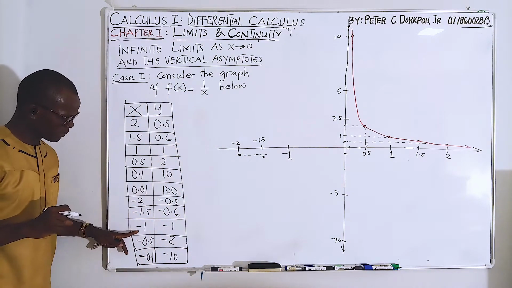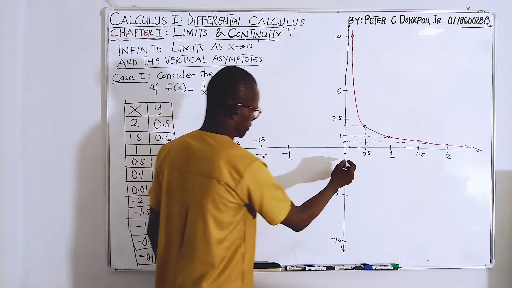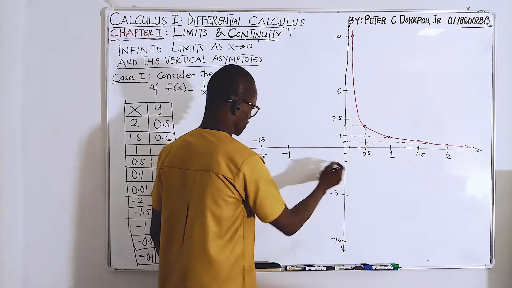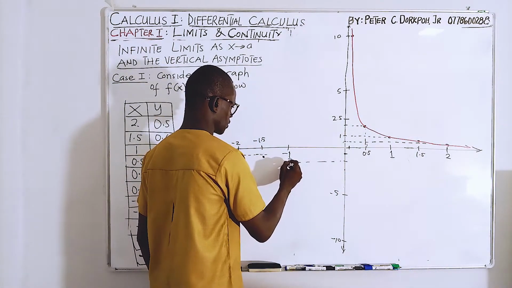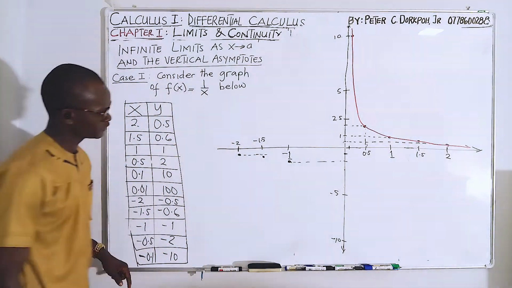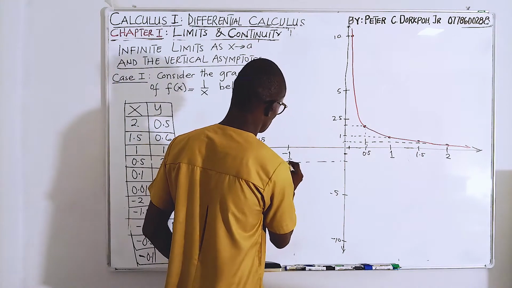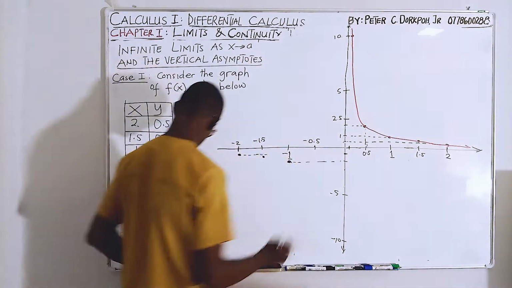Now when x is minus 1, y is minus 1. So we can consider this to be our minus 1. When x is negative 0.5, which is right between here, what happens to y?